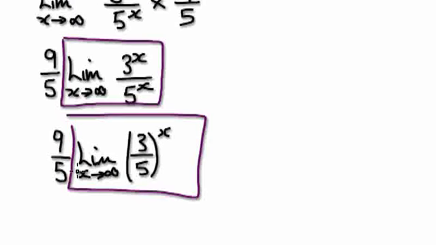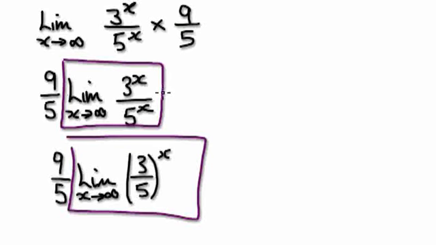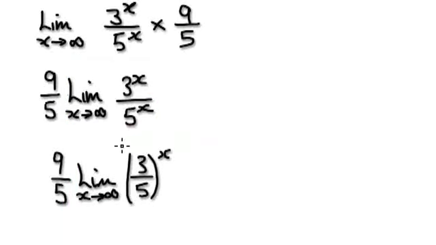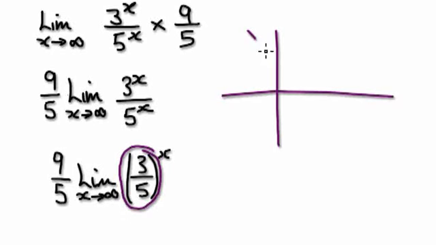Now here's the thing. Whenever you have this number smaller than 1, you're going to get exponential decay like this. It's just like me giving you this.